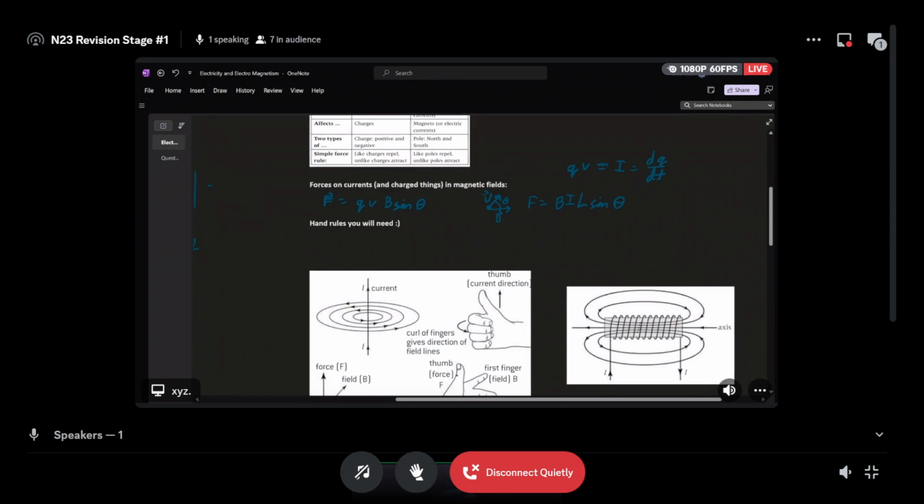We established this before. That is how many coulombs are moving through a certain length of wire in a second. So you can draw parallels between QV and IL, and it's the same sort of force.